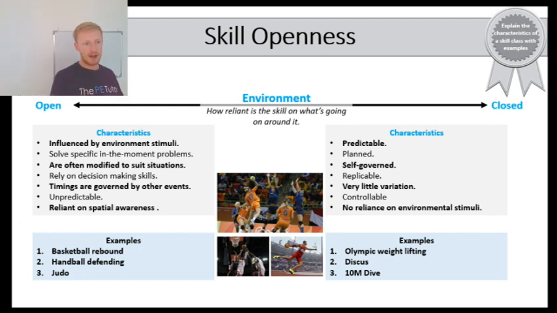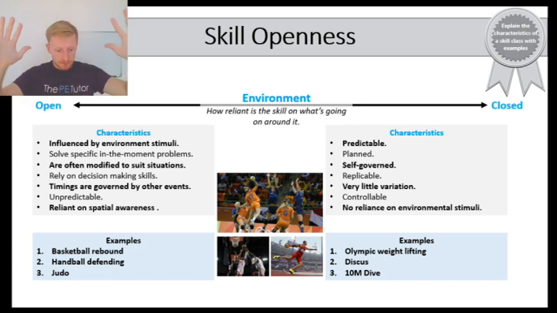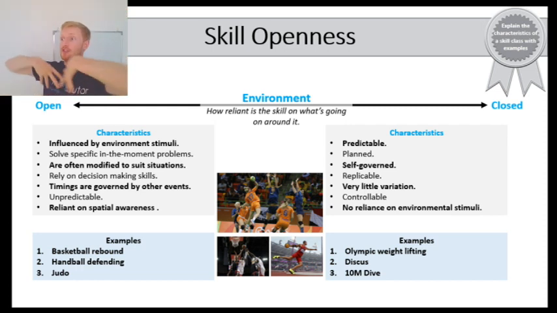So I've put a phrase down on the left-hand side there, reliant on spatial awareness. So an open skill, the performer needs to be able to see what's going on, to actually take stock of their opponents, the positions, their teammates, the objects. They need to be watching everything that's going on, and then they make a decision on how best to respond and fit into this environment.